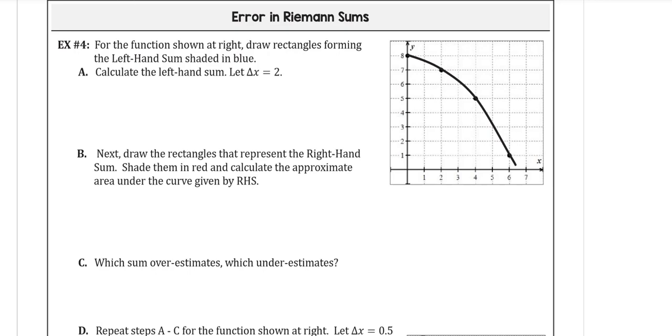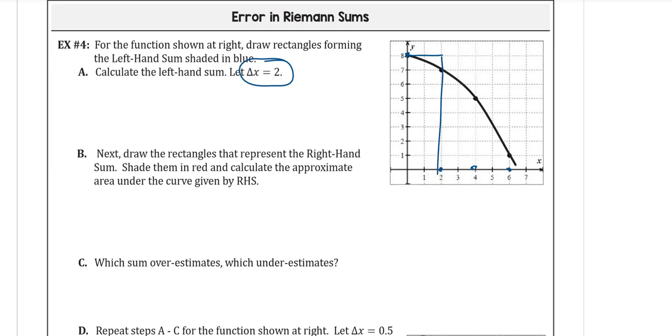We're going to let delta x equal 2, so each rectangle is going to be 2 units wide. That's going to be one side of the rectangle right there, and we're going up to 6 here. A left-hand rectangle is one where the part that touches the curve is on the left-hand side. So I'm going to draw a rectangle from there and over to there.